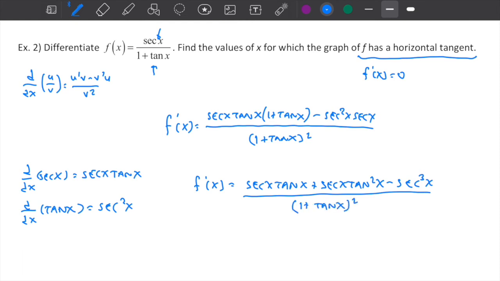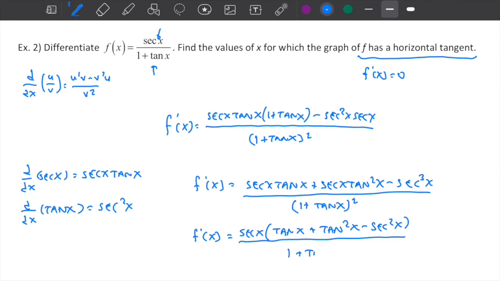Let's see if we can factor secant out of that. So it would be secant, that's going to be tan x plus tangent squared minus secant squared, over 1 plus tan squared. Now here I remember tangent squared minus secant squared. That's one of our Pythagorean identities.